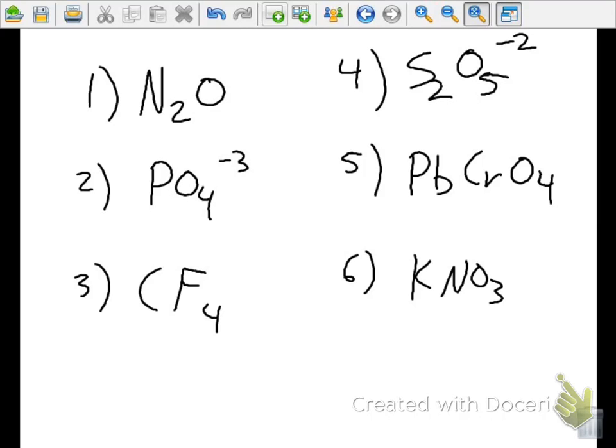I think we've done so much work with balancing charges, knowing how to work with oxidation numbers, that this is just an added little bit of information to help you out with that. Okay, so go ahead, write those down in your notes. We'll do those tomorrow.